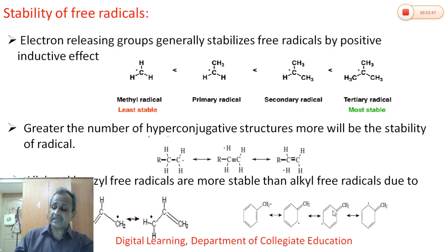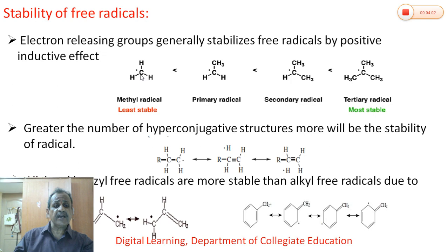As we see in the case of carbocations and carbanions, there are three types of free radicals. When the electron is present on carbon, they are called carbon free radicals. So we talk about carbon free radicals.